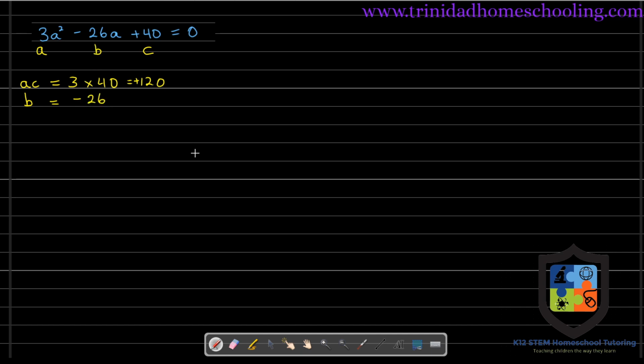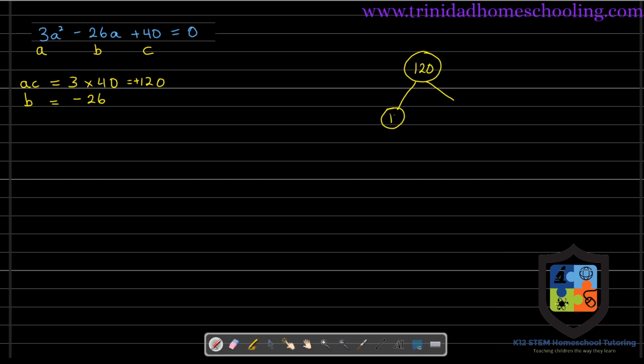So how do we go about doing this? Some students find this really hard to do, and it takes a lot of time because they do trial and error. So some students just use the quadratic formula. But let's try. We need two numbers that when multiplied will give me 120 and when added will give me minus 26. What two numbers when multiplied will give me 120?